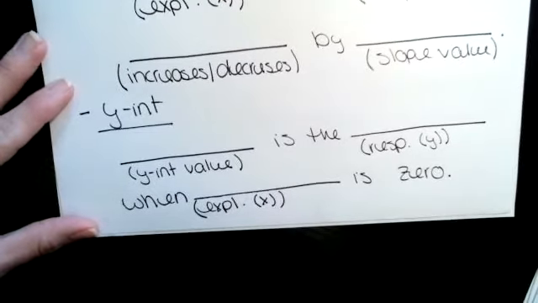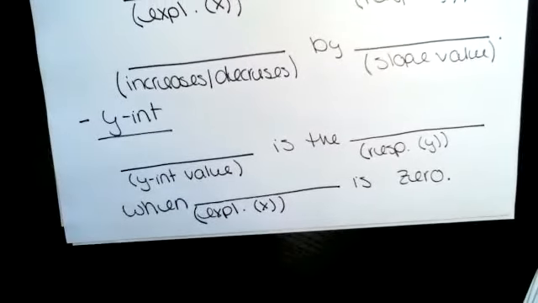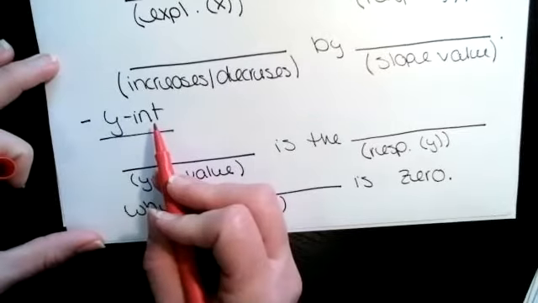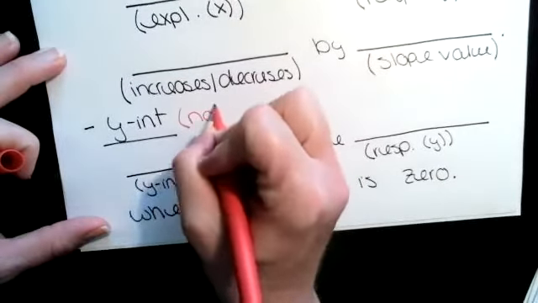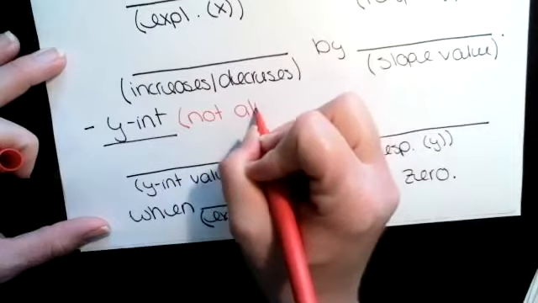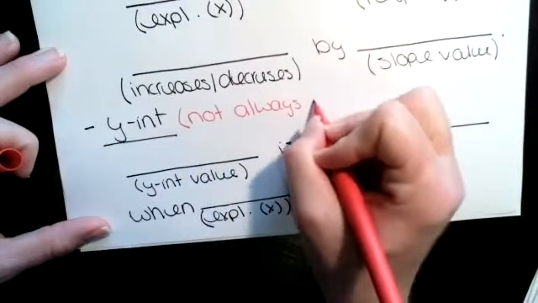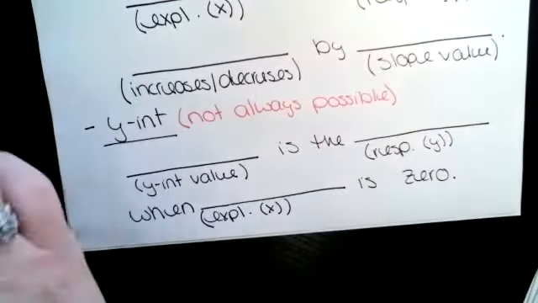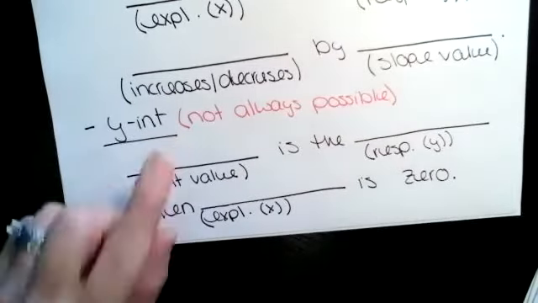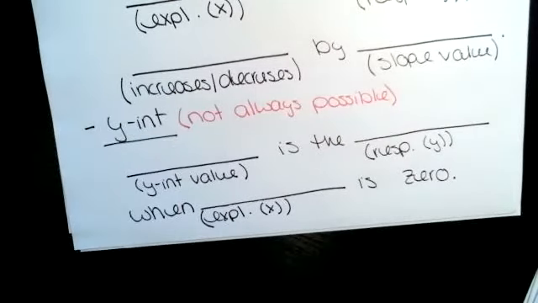So I want you to know that it's not always possible to interpret my y-intercept. I'm going to write that here. And I'm going to just tell you, instead of writing it down, why or when it's not possible. It's not always possible to interpret the y-intercept for 2 reasons.